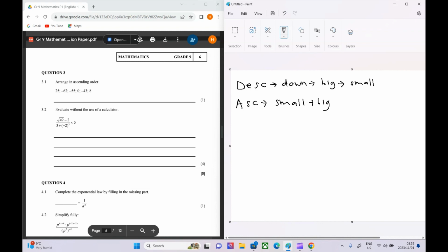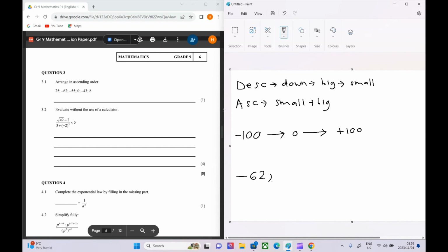They're trying to trick us a little bit here because we've got some negative numbers. All you've got to remember is that the number line would go from, say, minus 100, all the way to 0, and then to positive 100. So when you're thinking of numbers like this, go for the biggest negative number. First of all, we've got negative 62, that's our biggest negative, so that is going to be our smallest number.